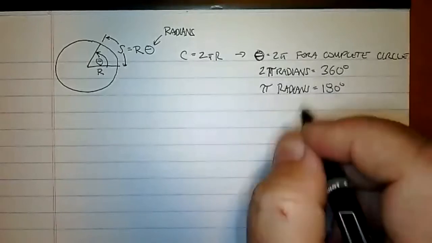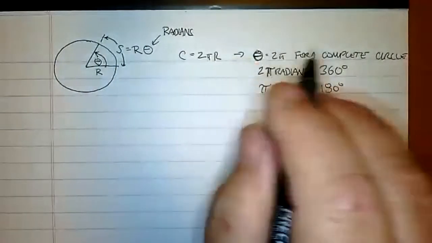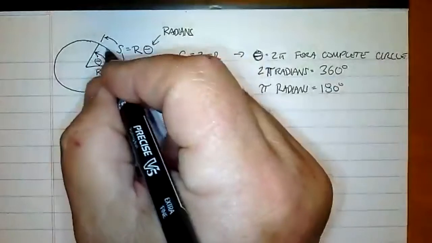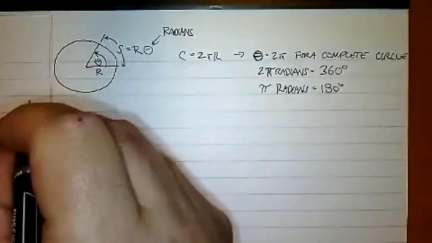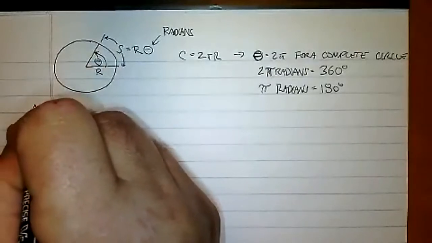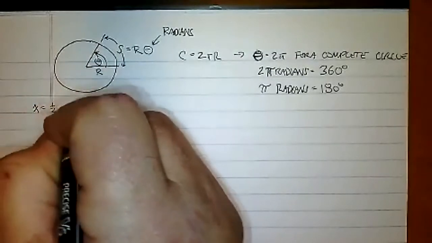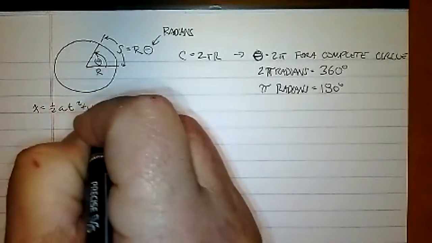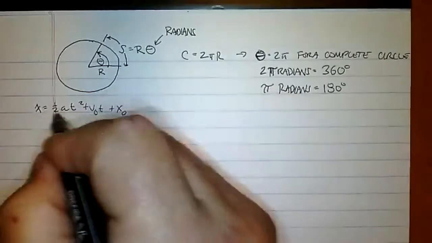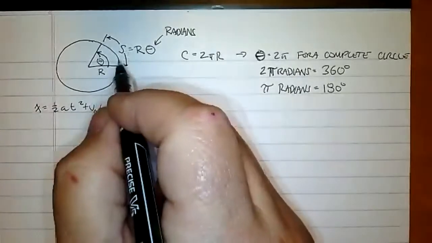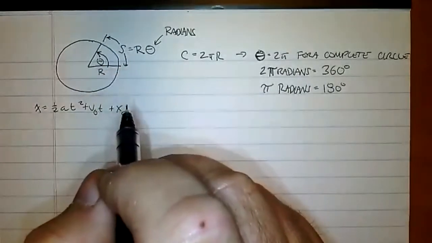Okay. Now, if you think about that arc length and realize, oh, wait a second, that's just one-dimensional motion, then you can take the equation x equals 1/2 at squared plus v0t plus x0. And you can say, well, wait a minute, this equation should apply to distances going around that circle.